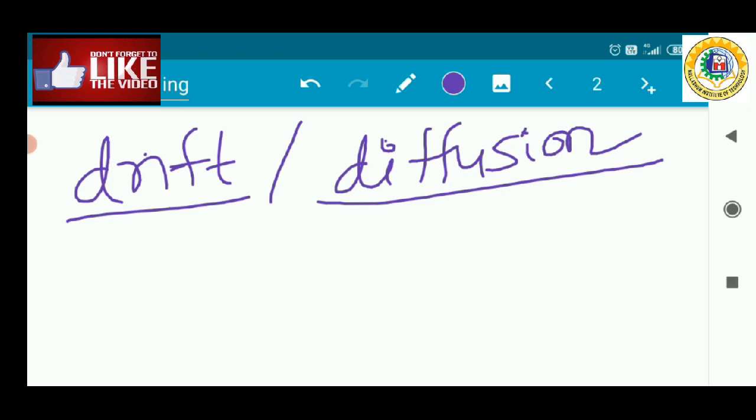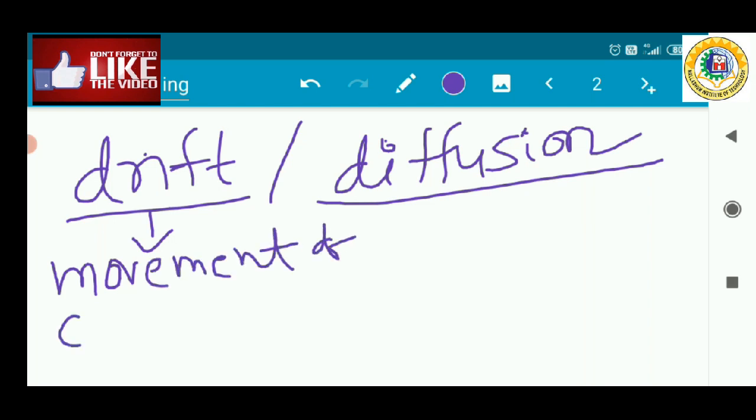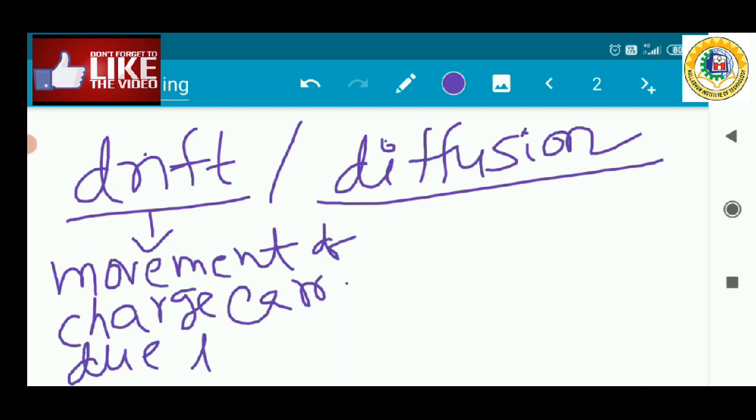In a nutshell, drift can be understood as the movement of charge carriers due to electric field. That is the definition of the drift phenomenon.